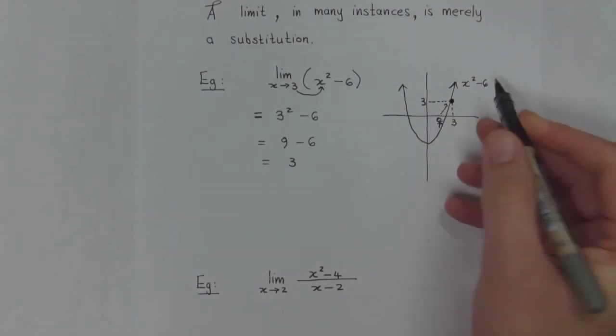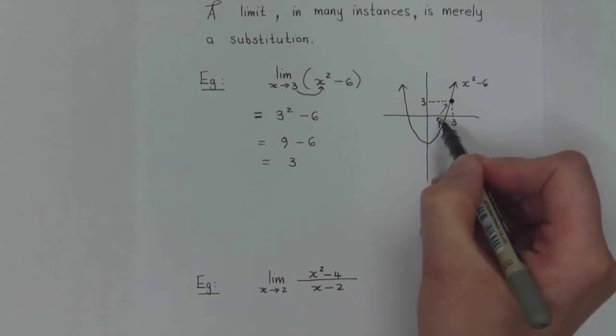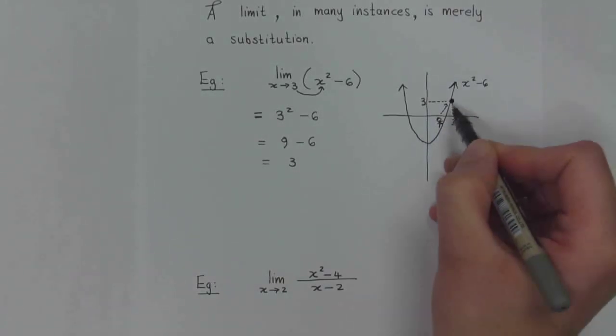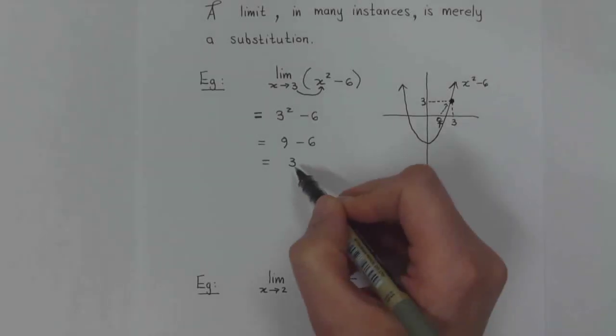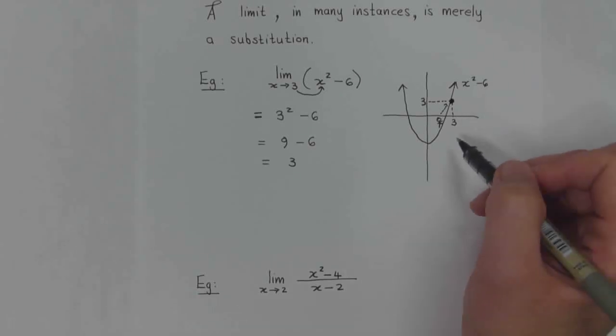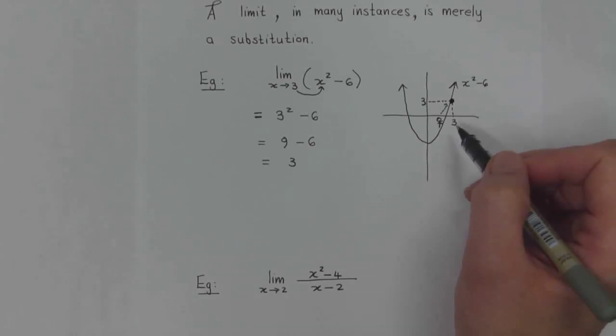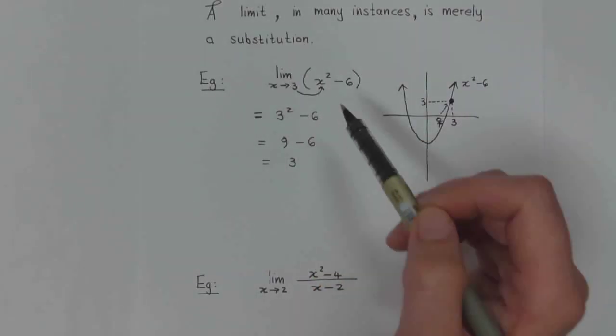That's all that it's saying. It's saying as x approaches 3, the function approaches 3. So that's why I can just do a substitution and work that out. But again, people, you don't actually need to understand what that limit means. You just need to be able to do it. And in most instances, it merely involves a substitution.